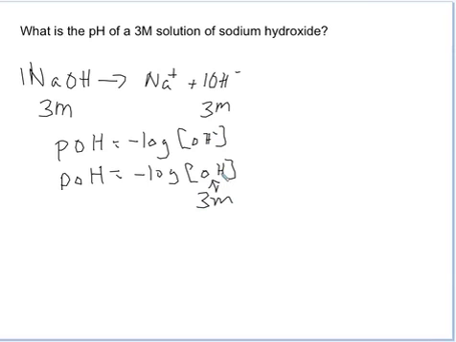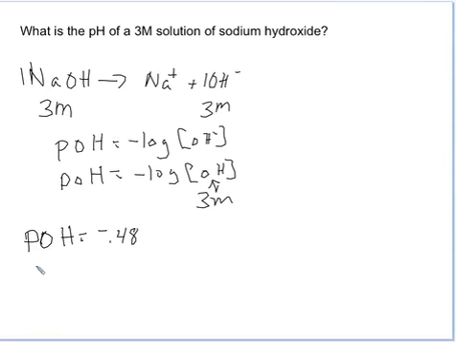So if I go negative log and I put in my 3 molar, I get that my pOH is equal to a negative 0.48.